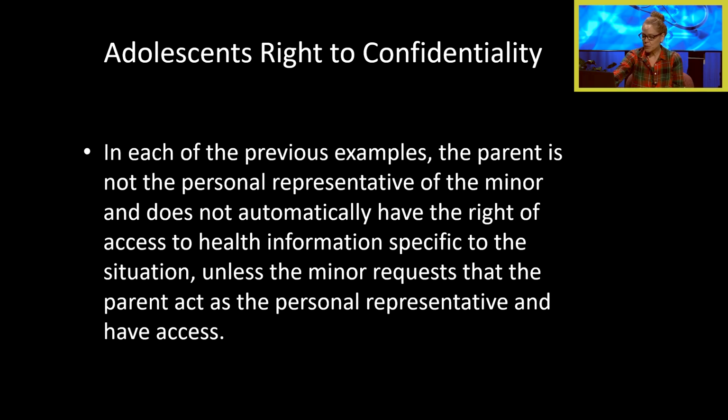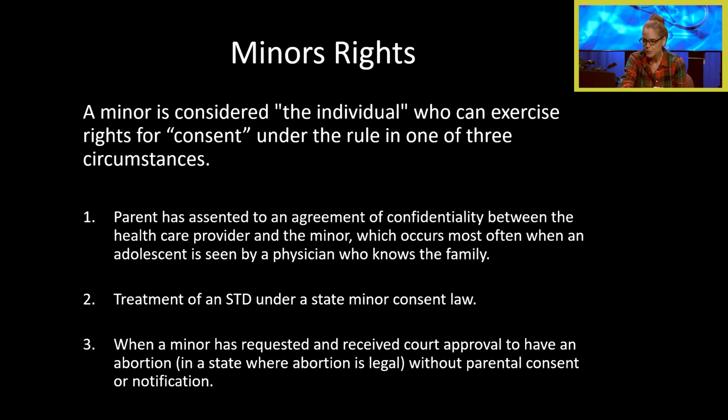So again, if we look back, we can see a couple of instances where if one of these three circumstances is the case, then the minor is considered an individual who can exercise their own rights for consent, okay?